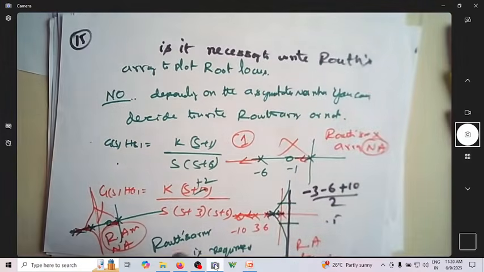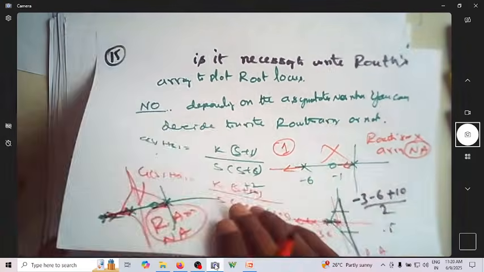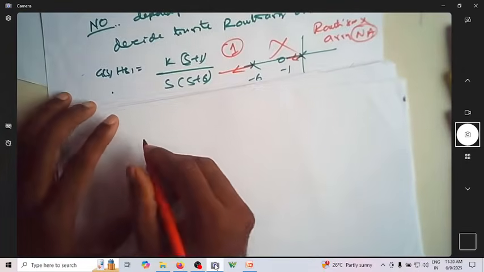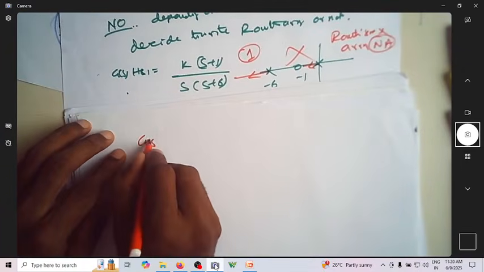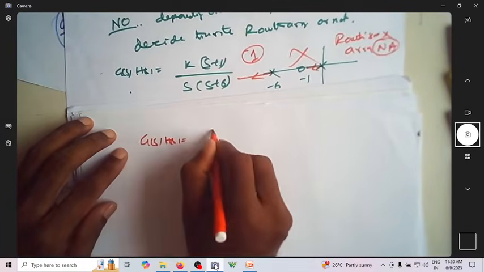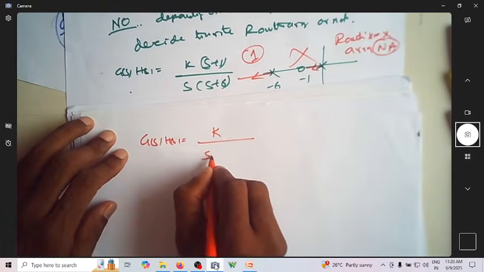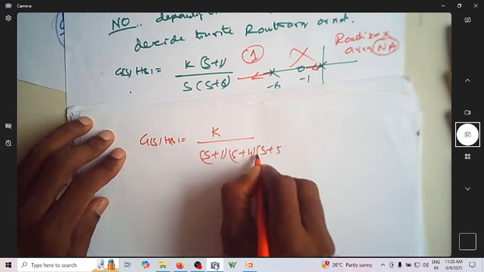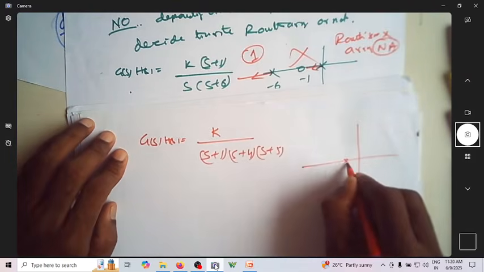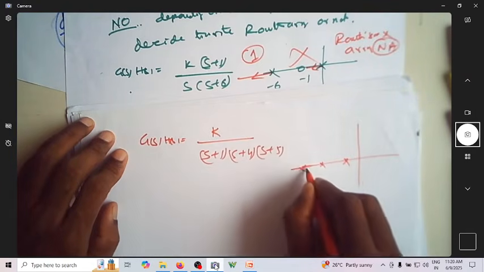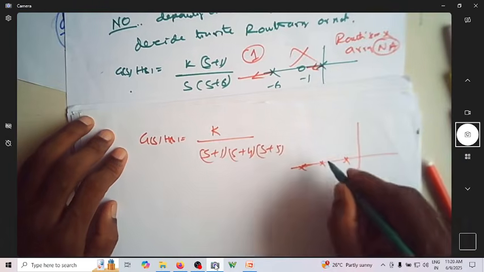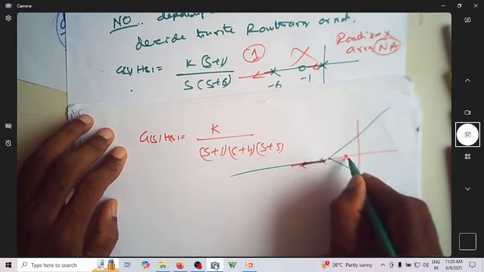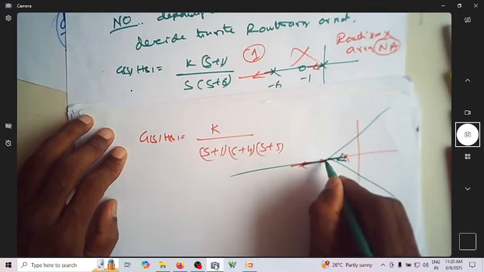So you decide. Suppose the number of asymptotes is 3. Assume that G(s)H(s) equals K over (s+1)(s+4)(s+5). Then naturally you have this here. The centroid is somewhere here. It actually goes like this, so this is where it is breaking.